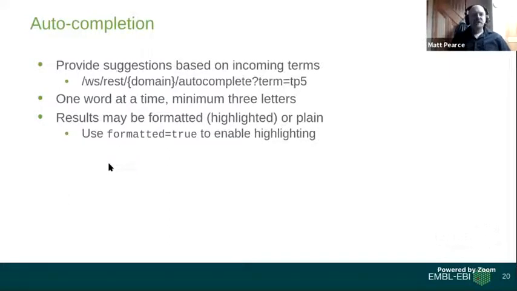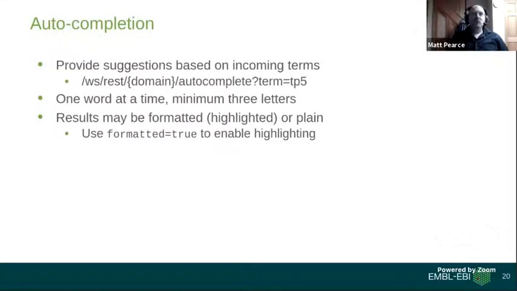Following on from more like this, we have auto-completion, which allows you to look up suggestions based on incoming terms. You see this a lot on sites like Google and so on, and it's also available in the web front end for EBI Search.